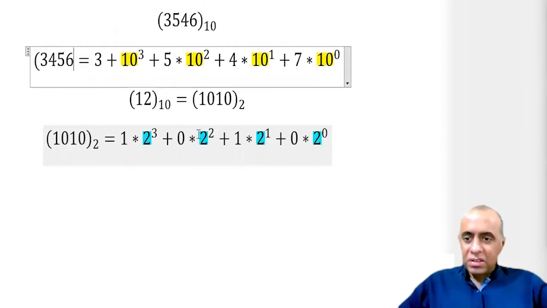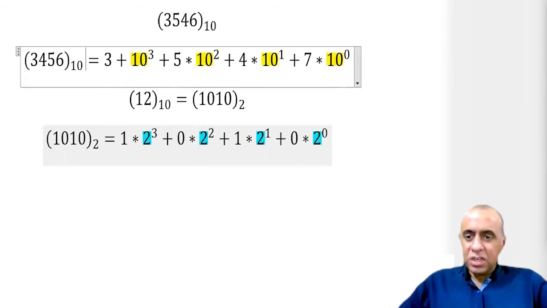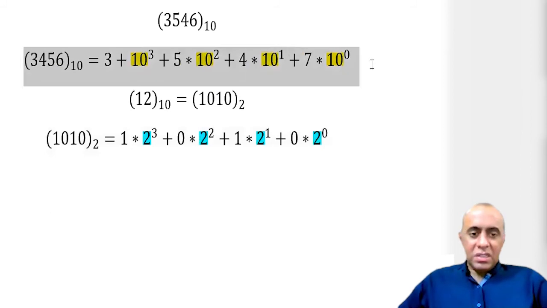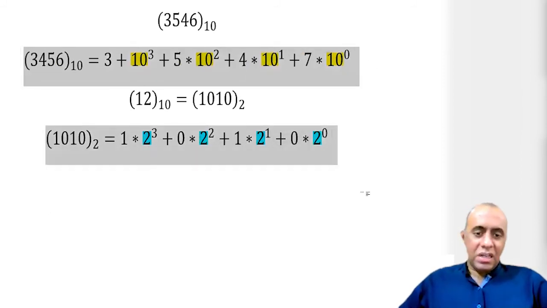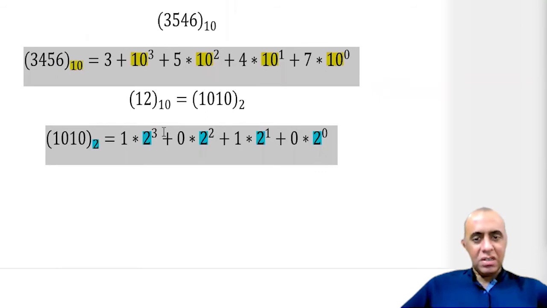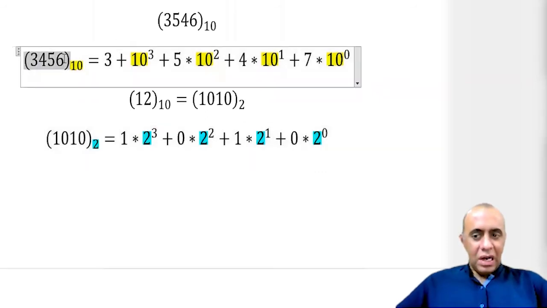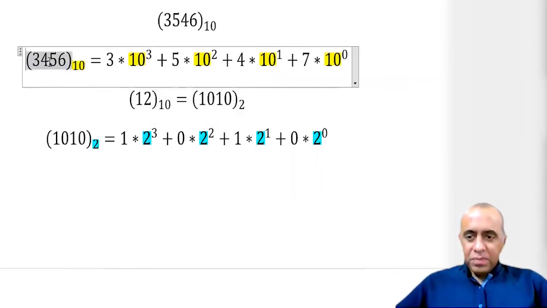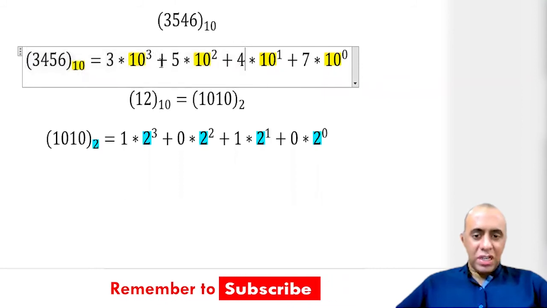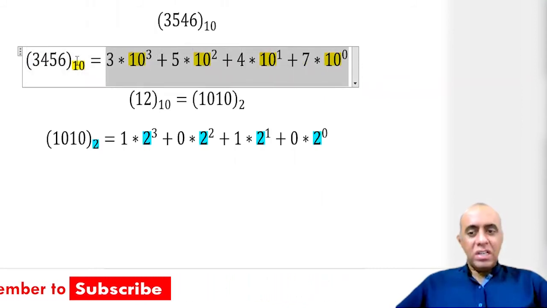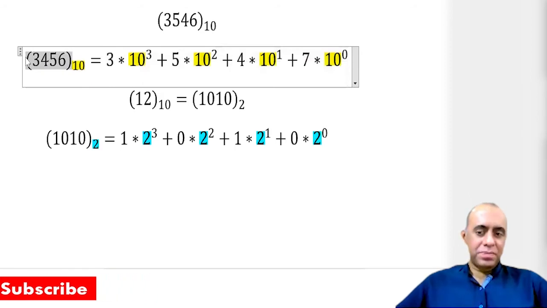Now I want you to compare this line and this line, and tell me if you understand what I'm trying to show. We are using the definition of a number using its base. I'm sorry, there should be a star over here. We are representing a number using its base and some mathematics that is able to calculate the value of this number.